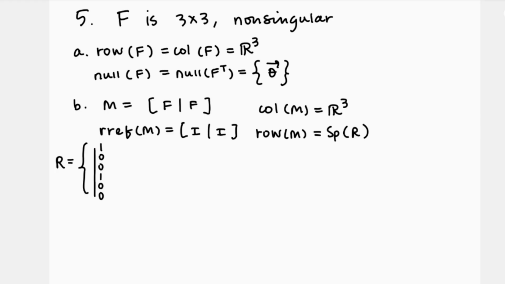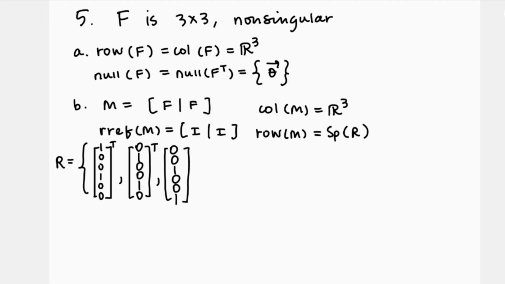Okay, so that's my first one. The second one probably looks like that. Oh, and I said I was going to write those as transposes. And then 0, 0, 1, 0, 0, 1, because these are the rows of the reduced row echelon form of M. Now, I don't really know how else to say it besides it's the span of those.